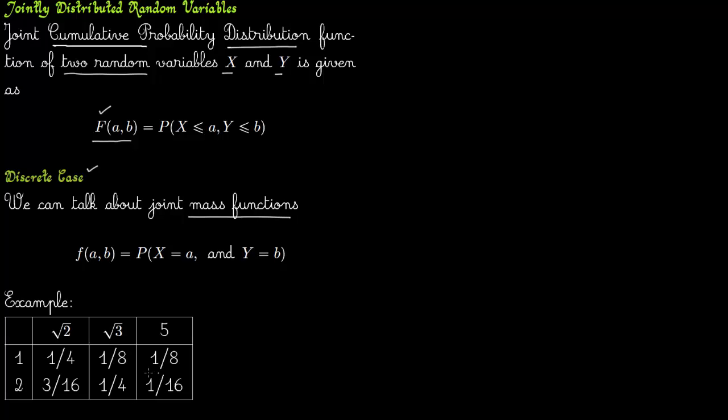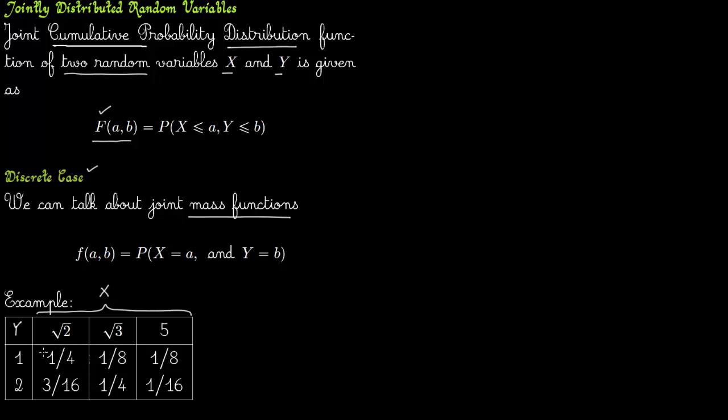So let us see an example. Say x takes on values root 2, root 3 and 5. These are the values taken by random variable x, and 1 and 2 are the values taken by random variable y. Then we can talk about individual values of the mass function.